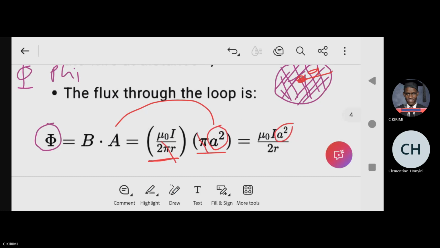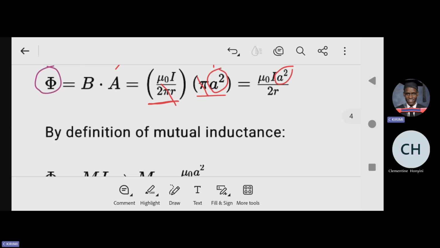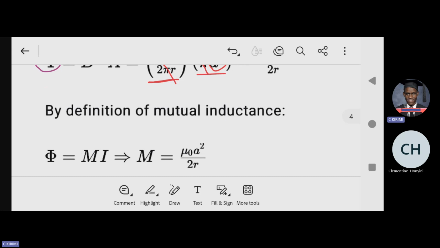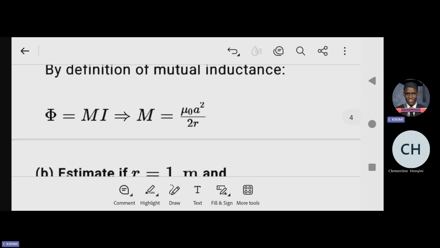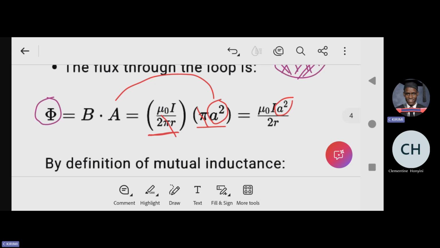Now, once we have our formula for magnetic flux, by definition the mutual inductance is the same as M I. What is M in our case? And what is I in our case? So check now.